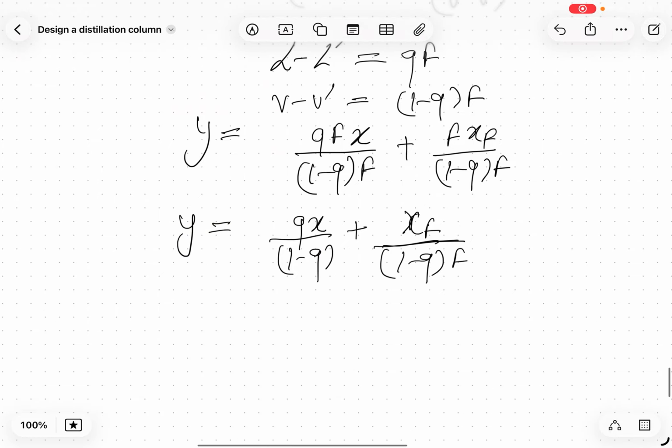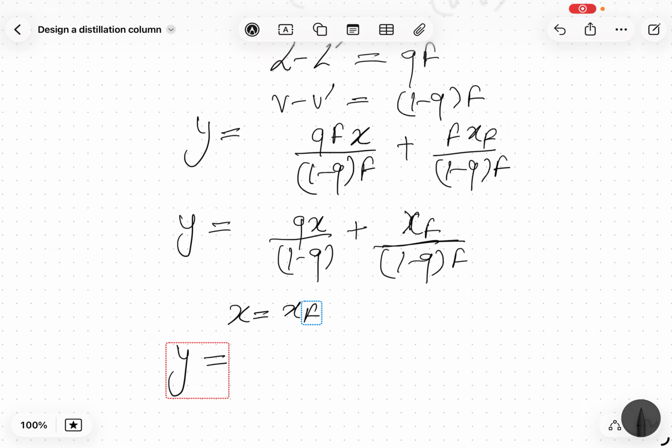So now from here you can understand this line, when X equal to XF, Y will be equal to Q plus 1 minus Q XF.